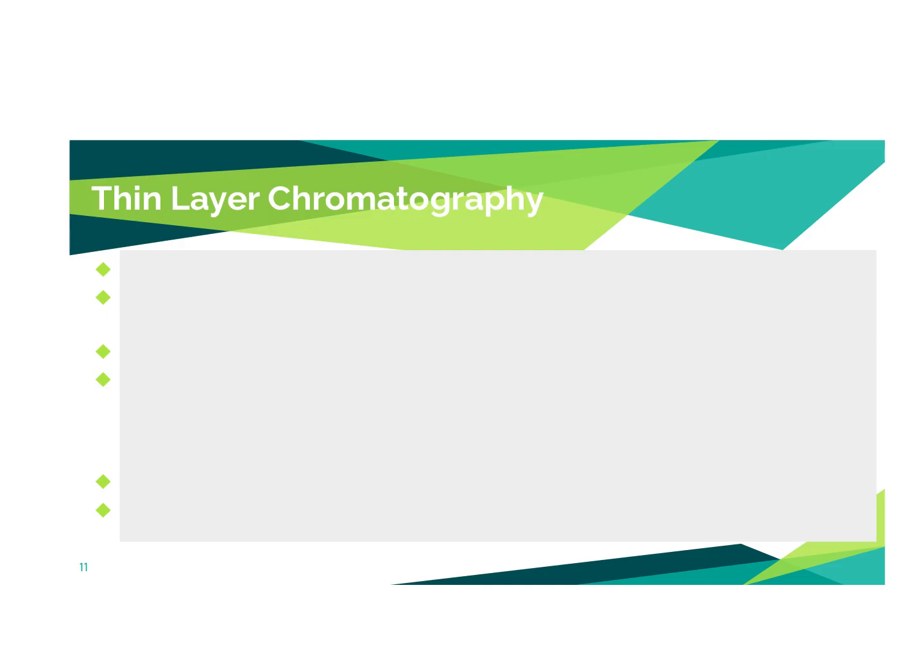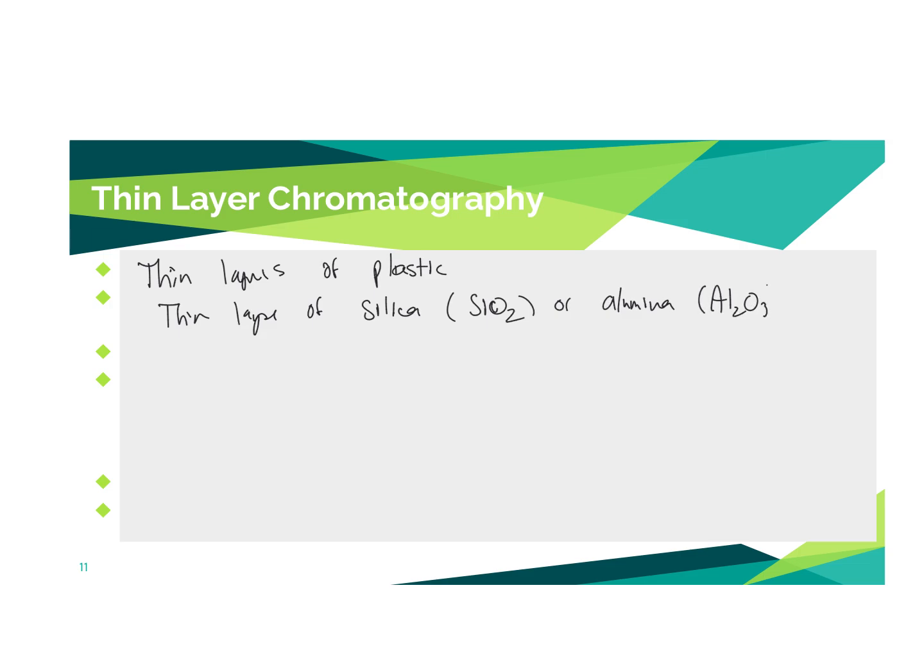There's a similar technique to paper chromatography that's often used in chemistry labs that's known as thin layer chromatography. And so this occurs on thin layers of plastic rather than on a sheet of paper. What happens is there's a really thin layer of silica, which is SiO2, or what's known as alumina, which is Al2O3, on top of the plastic.